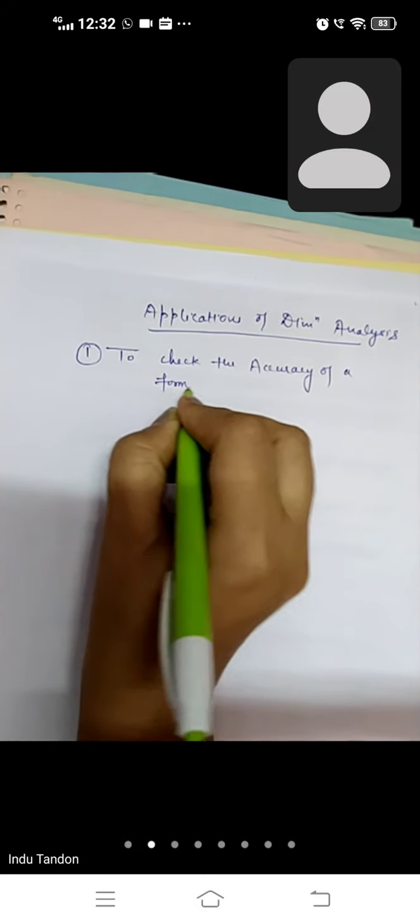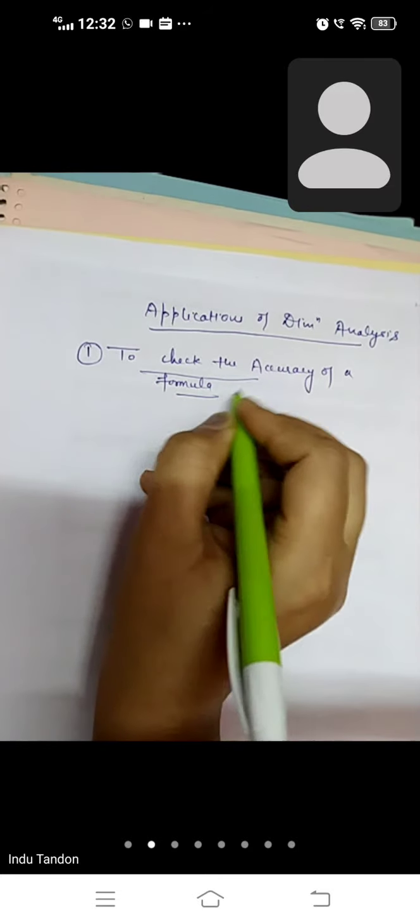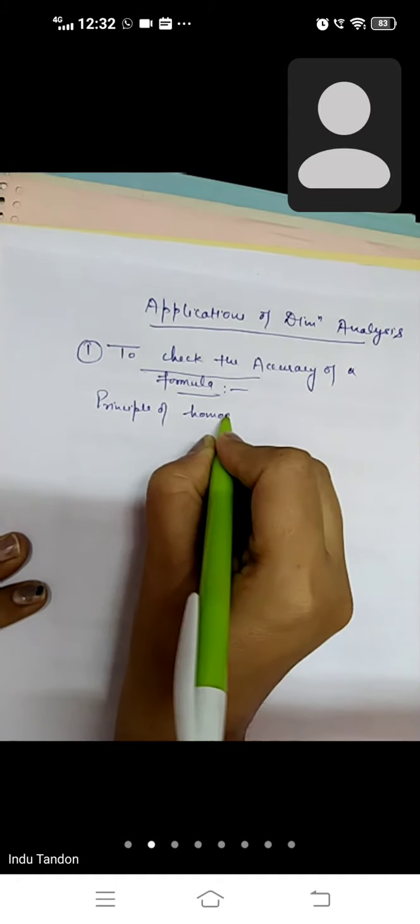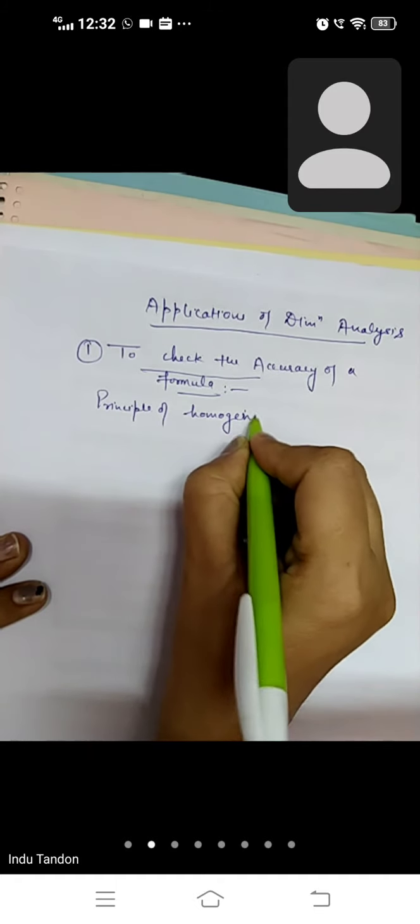Here we will use the principle of homogeneity.